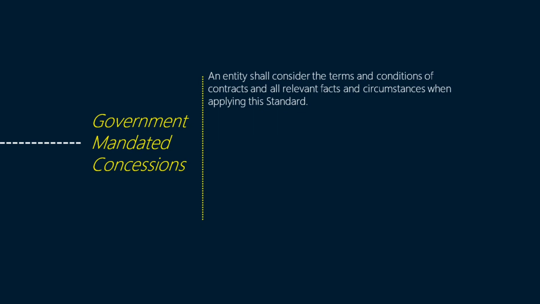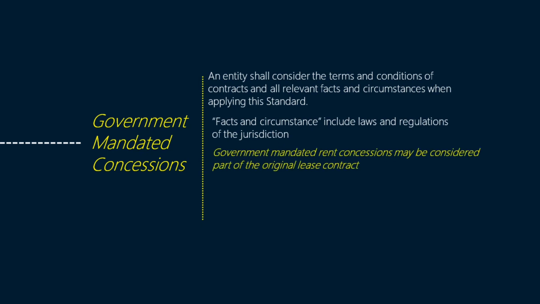Now, these facts and circumstances include laws and regulations of the jurisdiction. In this context, government-mandated rent concessions may be considered part of the original lease contract, and hence the variability arising due to government determination would be considered a variable lease payment not linked to index or rate.